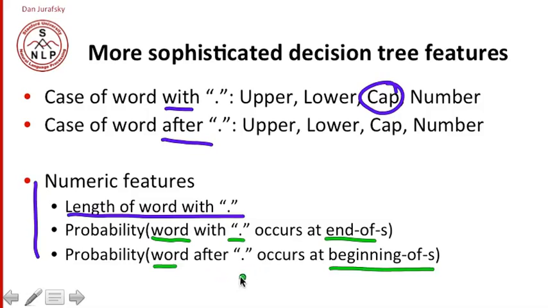Is this the word, for example, the word the after a period, a capital THE after a period, very likely to start a sentence, with the space in between. So this will have a high probability of being a start of a sentence. And we can use these kinds of features, conditioned on each of the words, again, to help us in deciding what is or isn't an end of sentence period.